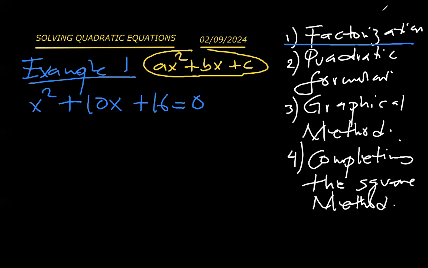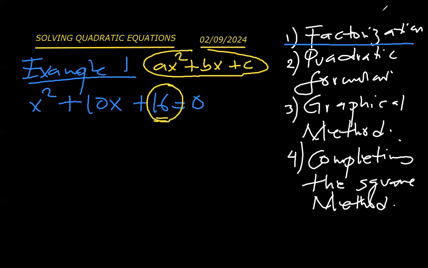Okay? Now, let's go on. So you're using the factorization technique. This is what you do. We look for two numbers. So you're going to use the sum and product method in our factorization. Our product should give us 16, so two numbers you multiply and the result is 16.